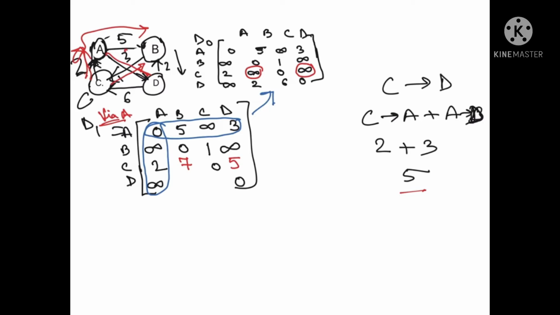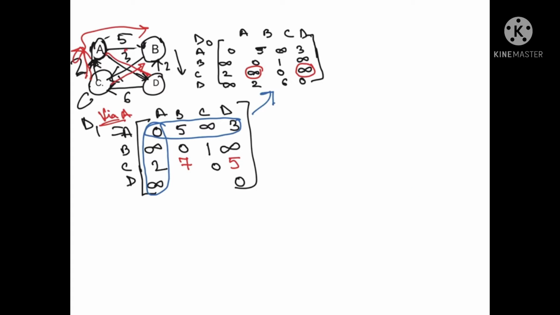Alright. Now D to B. D to B. Okay. Let's check the next one. We have D to B. So D to A plus A to B. So D to A is nothing, like D to A is infinity, plus A to B is what? 5.